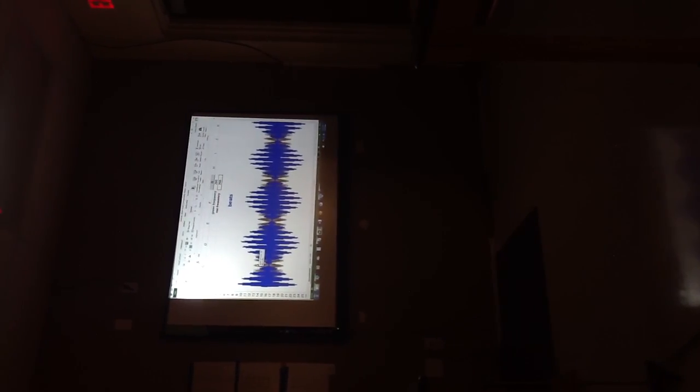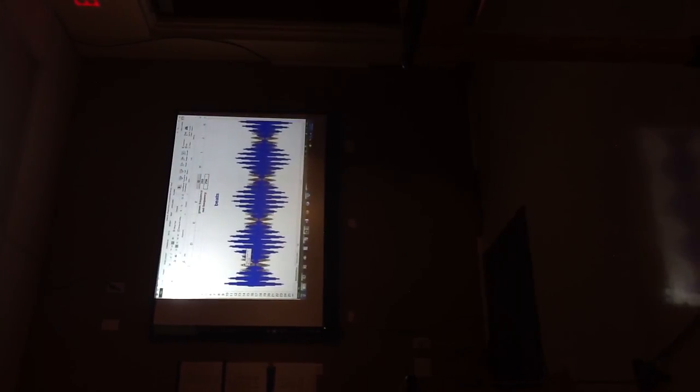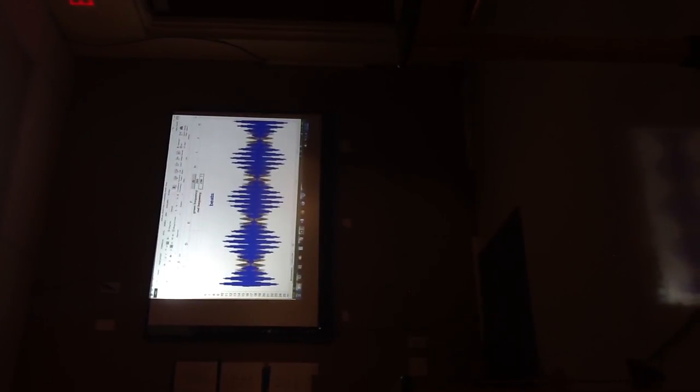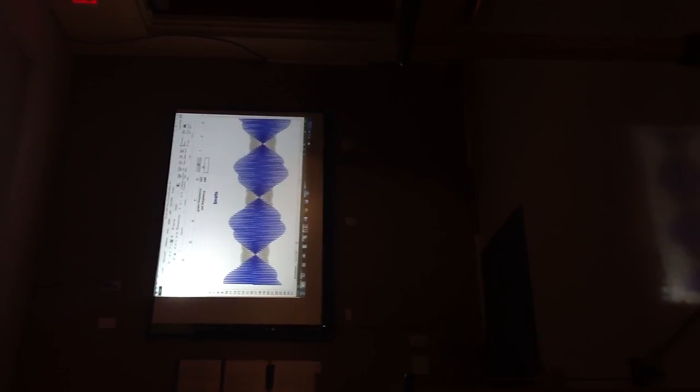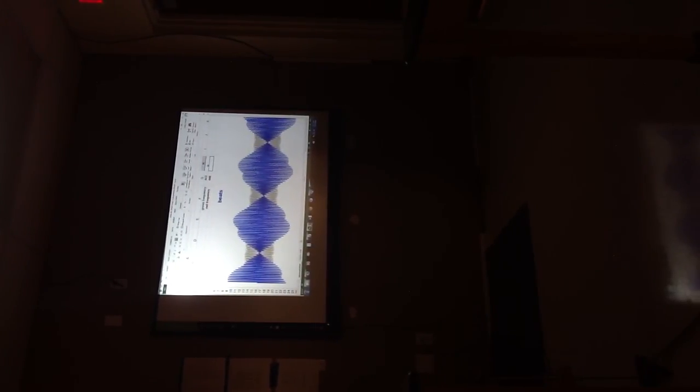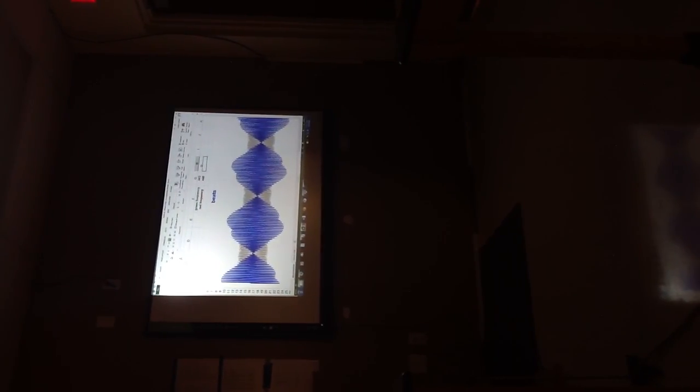So the orchestra leader is listening, and I think he listens at 440. So he can point to someone and say, Sarah, you're off. You're 3 beats off. And what that would mean to Sarah is that her frequency is either 3 hertz low or 3 hertz high.